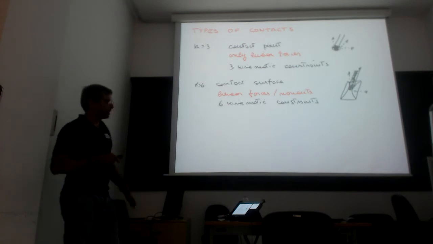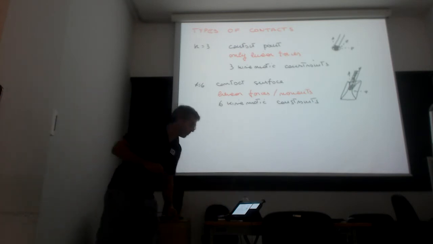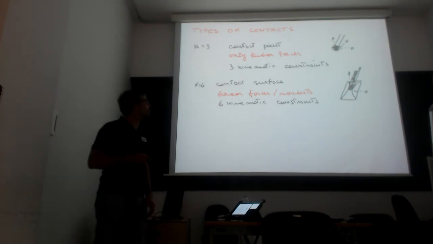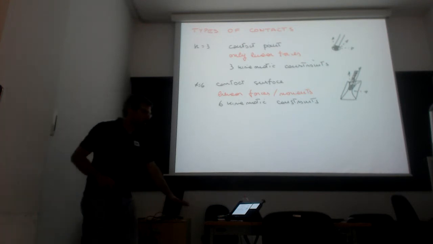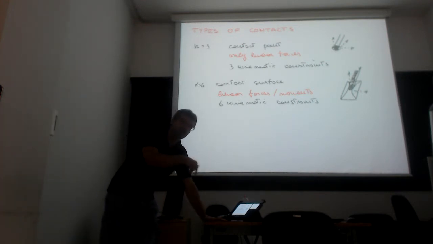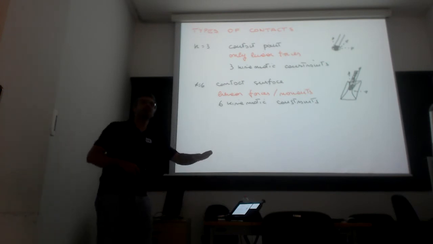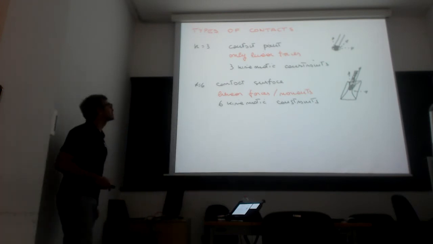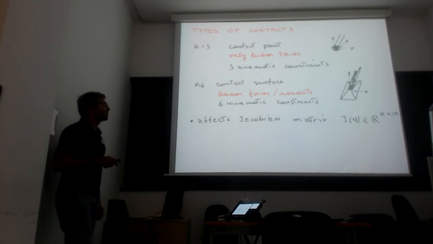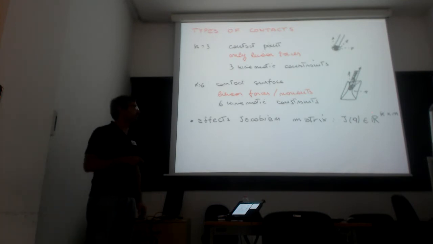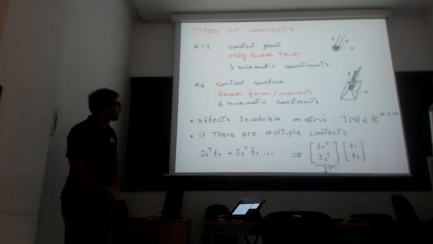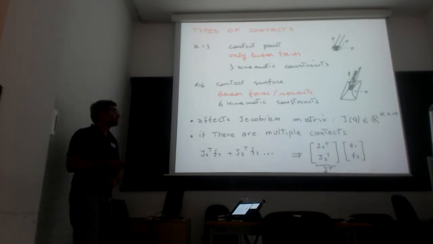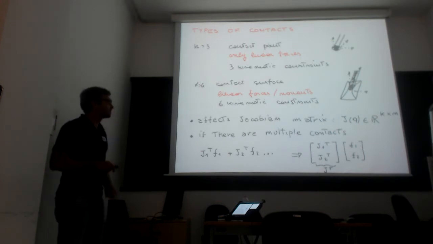While if you have the foot of a humanoid, that is a flat foot, you have a contact surface, so you have 6 kinematic constraints because we are constraining the 3 linear forces, but also the moment about the 3 axes. And the size of the Jacobian matrix will depend on this type of constraint. And as columns, the Jacobian matrix will always have the number of joints.